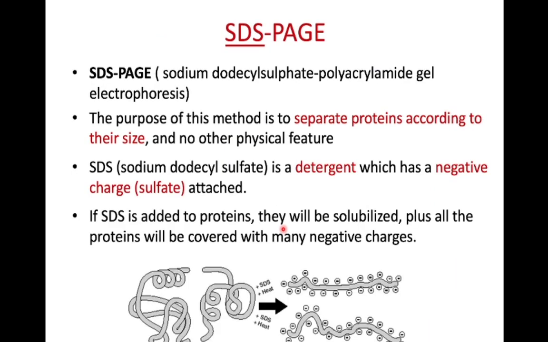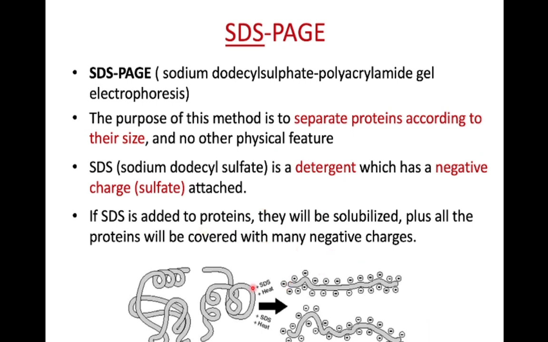So SDS-PAGE: the purpose of this method is to separate proteins according to their size and no other physical feature. The SDS, which is the detergent, has a negative charge, the sulfate, which is attached. If the SDS is added to the proteins, they will be solubilized, plus all the proteins will be covered with negative charge.